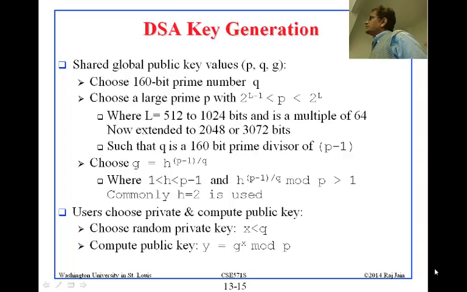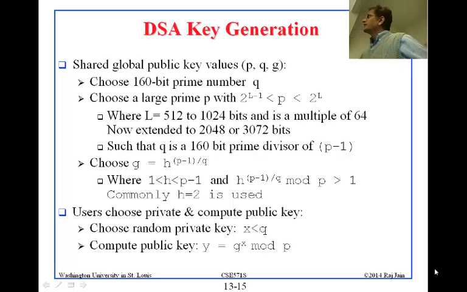Let me explain this. L is the length of the prime number. So the length of the prime number is a multiple of 64, not the prime number itself. The prime number obviously is not a multiple of anything. Originally they said that you should use a multiple of 64, with suggested values of 512 to 1024.